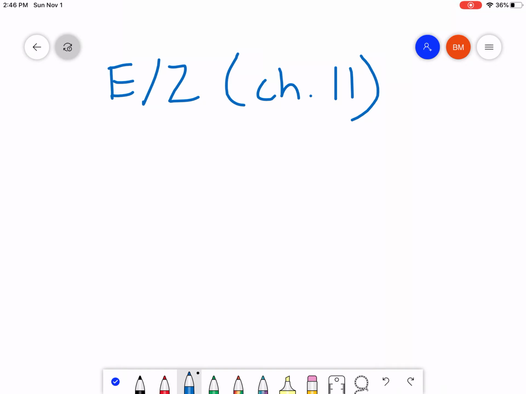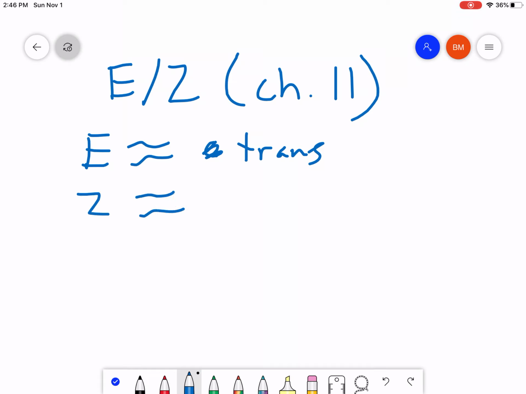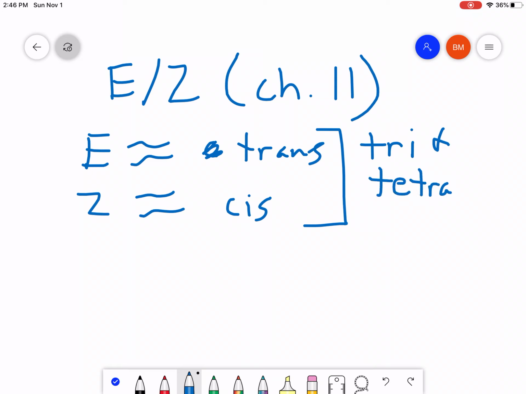In fact, the E configuration is basically analogous to trans, and the Z is analogous to cis. Really, the only difference is that E and Z refer to tri- and tetra-substituted alkenes, whereas cis and trans is just for di-substituted.